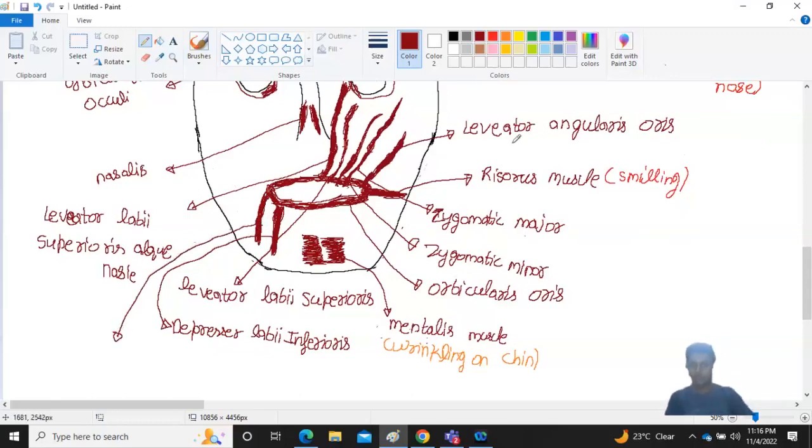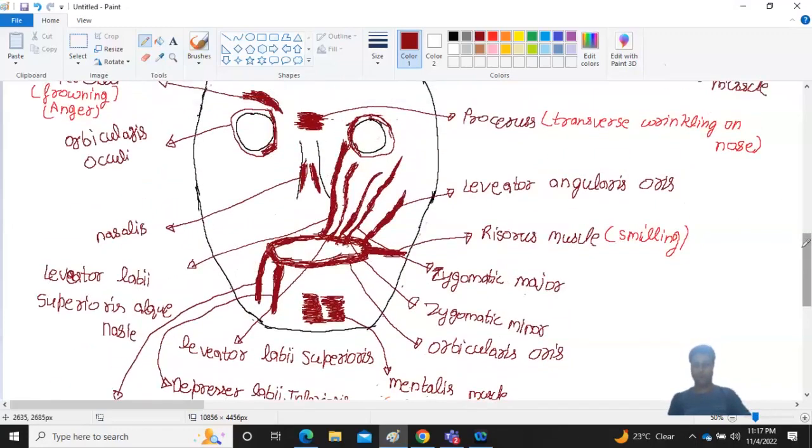This is the levator anguli oris. So this is depressor anguli oris, for angle depression. Done. So these are the muscles of the face.